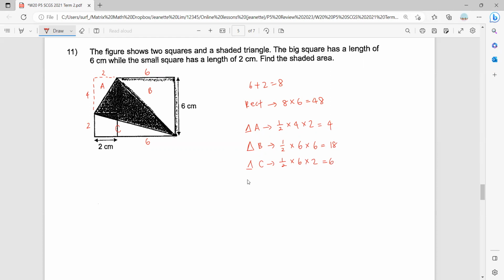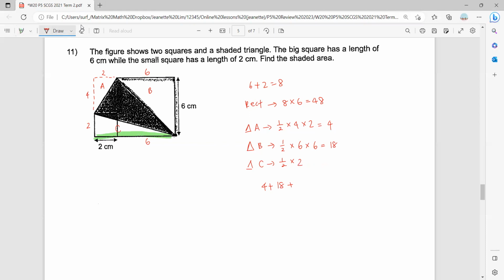Now the total unshaded parts, or the total area of ABC, is actually 4, 18, and 6. Sorry, wait, no. The base of C should be 8. Okay, this should be 8.